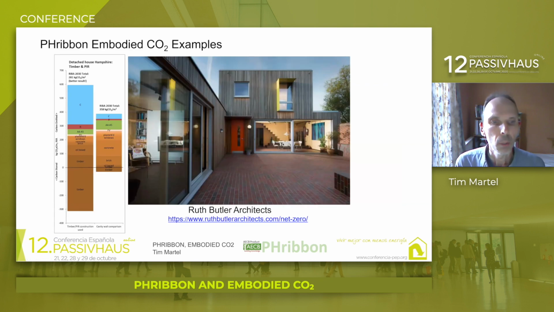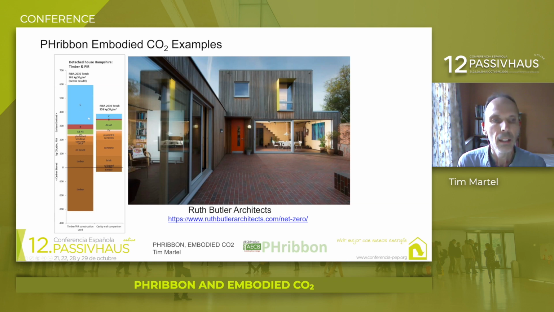In this example, this is in Portsmouth, I think, in the south of the UK. We can see that there's timber storage, so carbon stored here, and again, carbon stored here, and that is offset by this large stage C here.